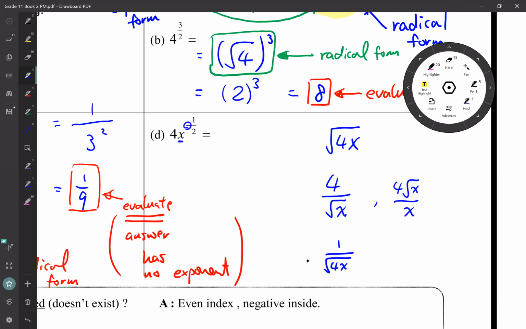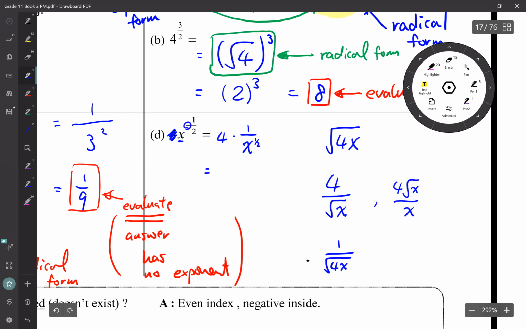It's 1 over x to the 1 over 2. Don't touch the 4, the 4 has nothing to do with it. Yes, okay. So you bring the whole thing down and then make the exponent positive. And then the 4 is just waiting on the side because it has nothing to do with the exponent. The 1/2 is only affecting the x.